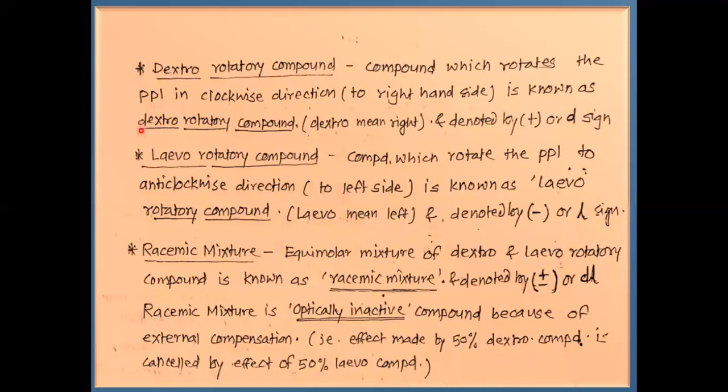Anyway, whichever is levo and whichever is dextro, one rotates the PPL in one direction and the other, its mirror image, rotates it in the opposite direction.